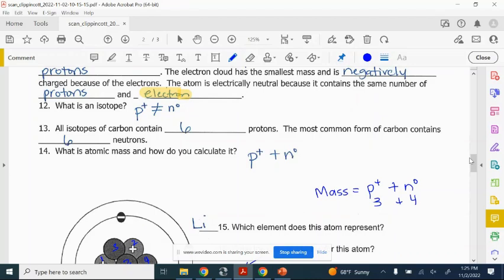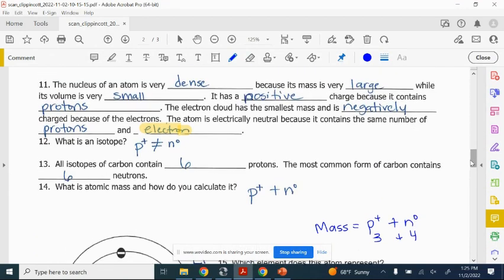What does number 11 even mean? Yeah. So they're talking about the atom and the nucleus here. The nucleus is really dense. It has a large mass. So most of the mass is contained in there. And that's because it contains the protons and the neutrons. Remember, these are what have mass compared to your electrons.